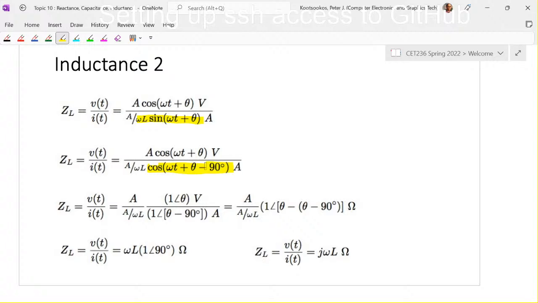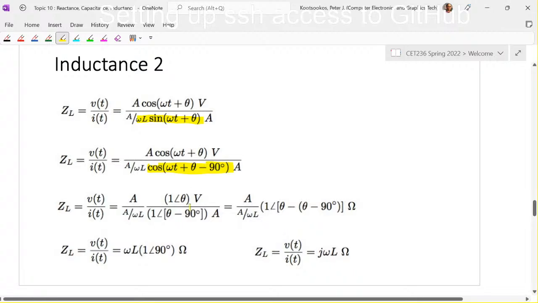So a lot of the questions you'll see in this part of the course won't necessarily mention cosine omega t. They may only give you A angle theta as the voltage or the current. Anyway, after that notational shift, you can eventually figure out what the impedance is.